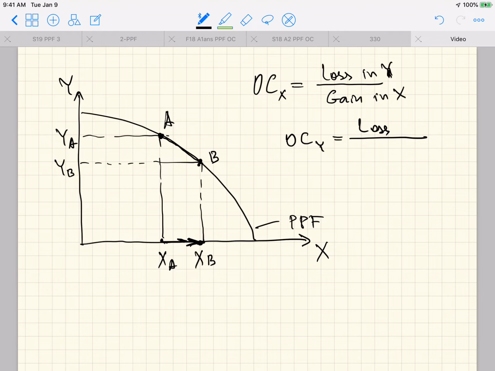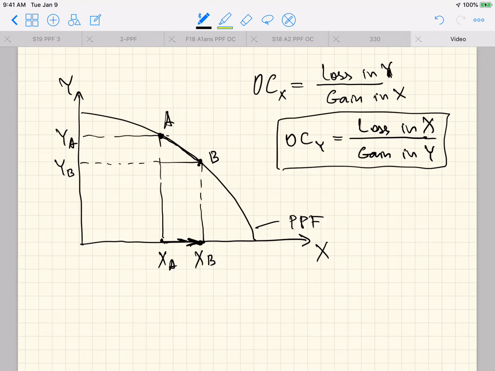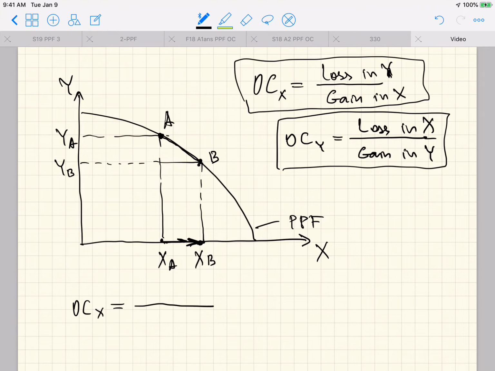So you're gonna lose good X, and you're gonna gain good Y, and then you'll have this kind of formula. But generally speaking, they are the same, right? It just depends on which way we go, the formula gets adjusted. All right, so for opportunity cost of good X, to be more specific, I'll just rewrite this formula down here.